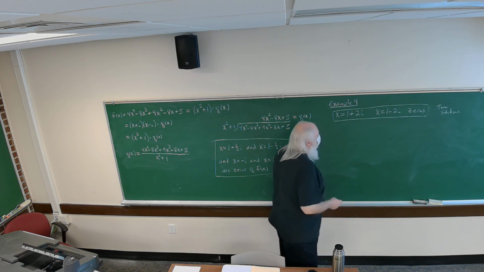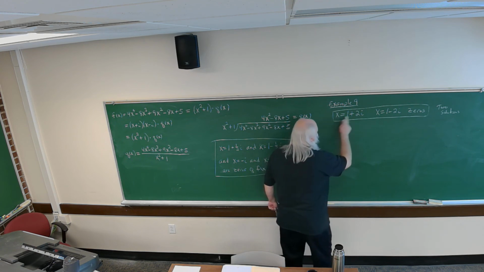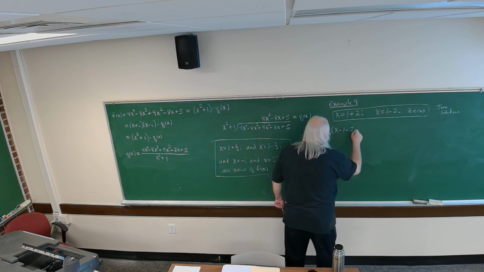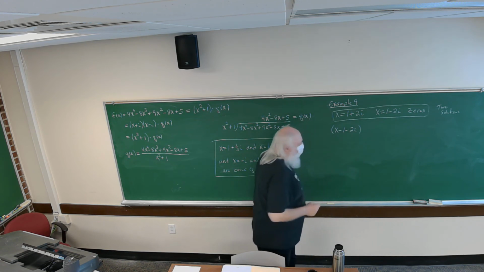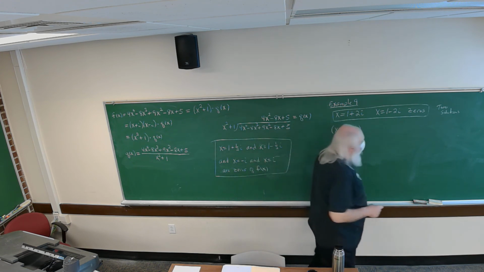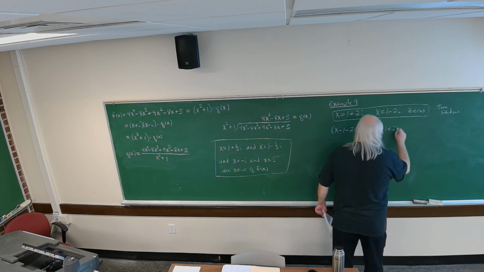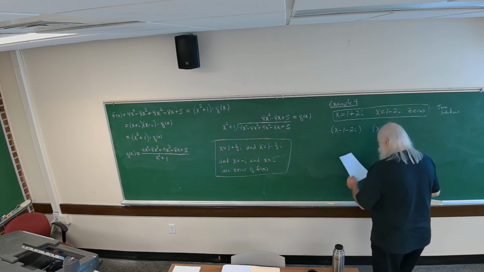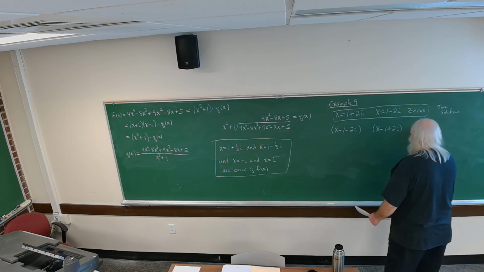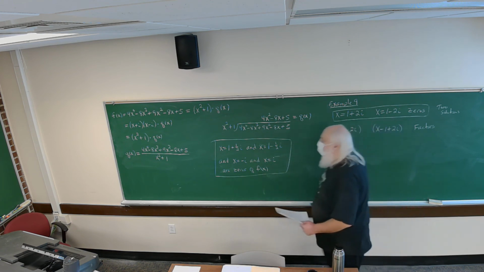Well, by the factor theorem, if x equals 1 plus 2i is a 0, then x minus 1 minus 2i is a factor of that 4th degree polynomial. And x minus 1 plus 2i is a factor. Okay. So those are two factors of the 4th degree polynomial.